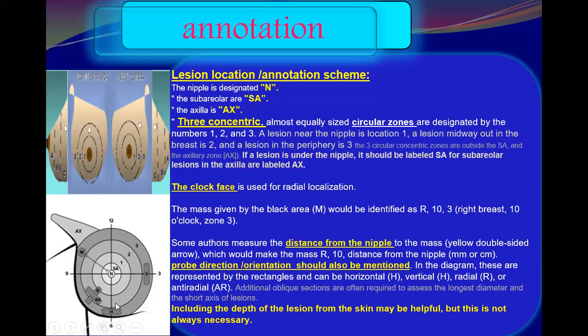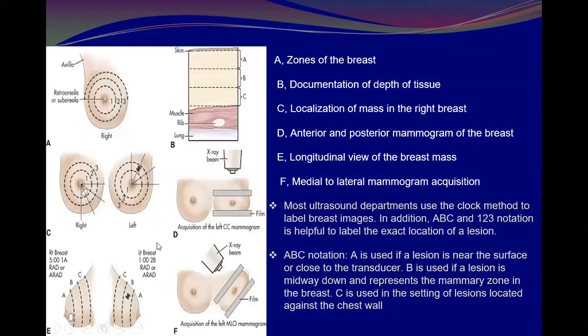Or you can write trans, long, radial, antiradial. And this is also the probe direction. Sometimes we also have to mention the depth of the lesions in relation to the skin. Sometimes it is important, but not always.